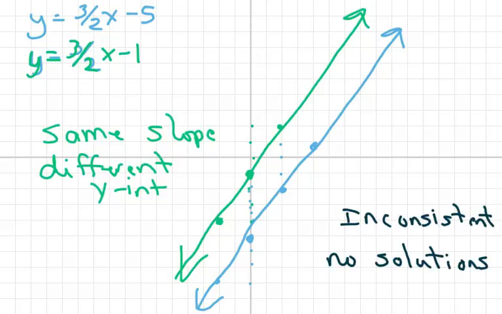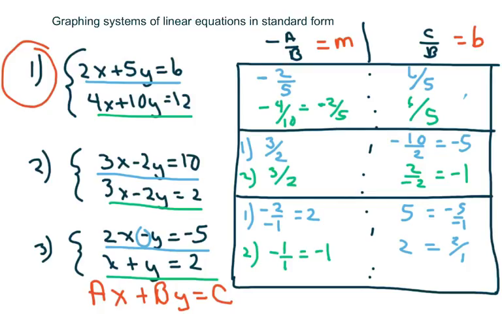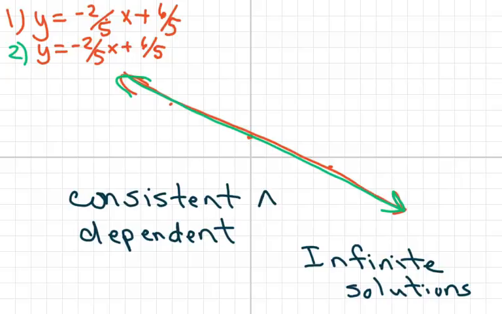Okay, and the last one we have is 2, negative 1, 5, and 2.